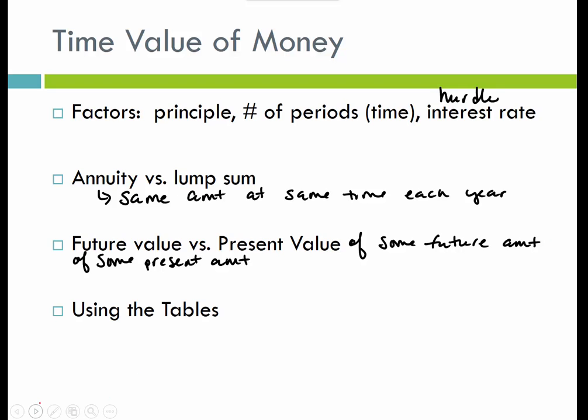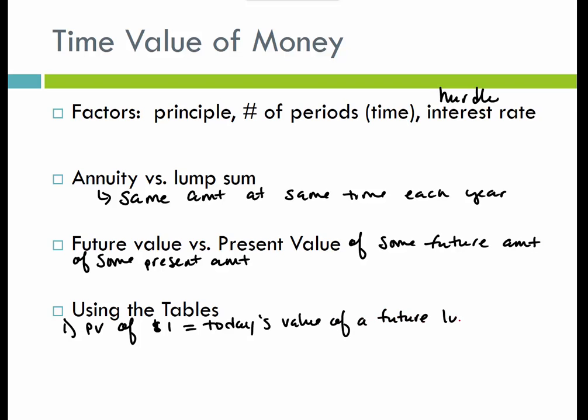There are four tables that we're going to use. Table 1 is the present value of $1. And this tells you today's value, what it's worth today, of a future lump sum.